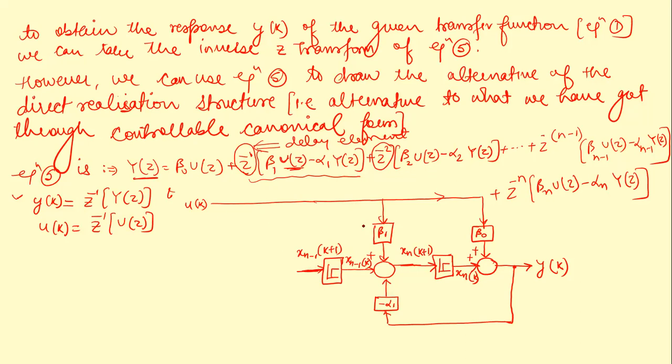Now we have two delay elements. This is z inverse here, right? This is also z inverse here. Now we have z inverse 2, this one, right? So this is multiplied with this particular combination. So we have beta 2 here. So it is added to minus alpha 2, right? Minus alpha 2. So it is done like this. So I will remove all these elements from here.